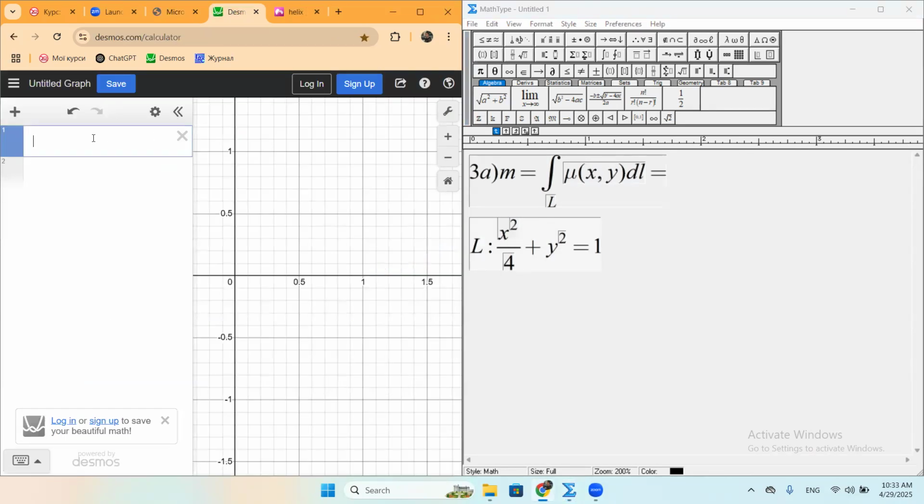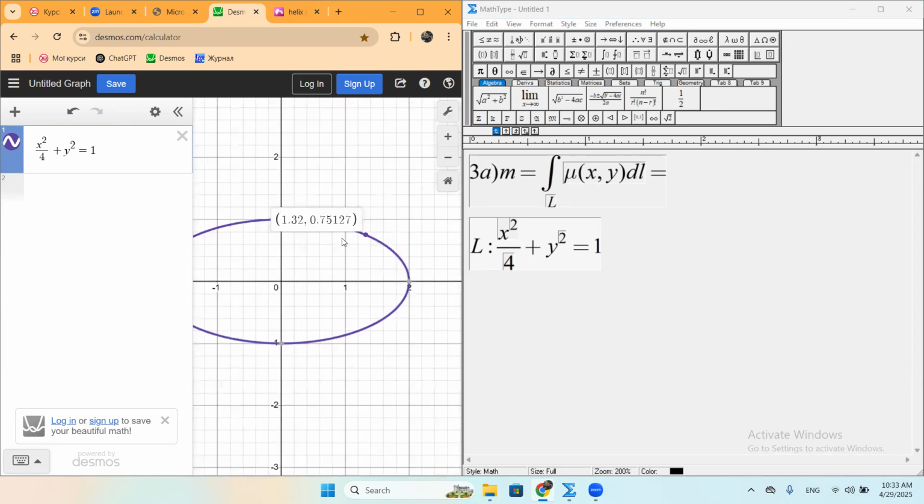Let me plot it. So x square over 4 plus y square equals 1. And we need to calculate the mass of this part of the ellipse. I can just write down that x is not negative and y is not negative.